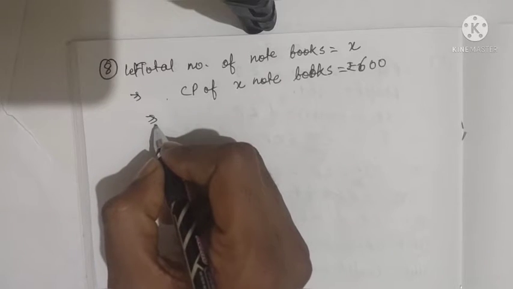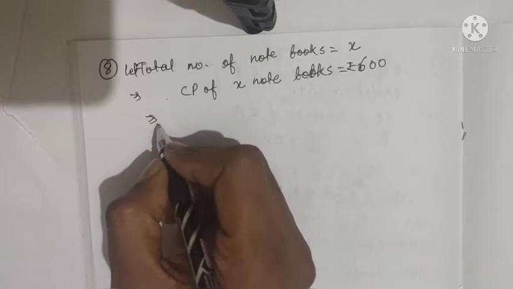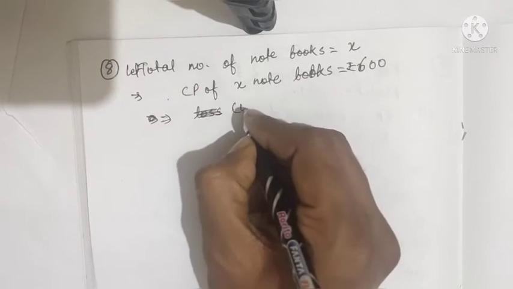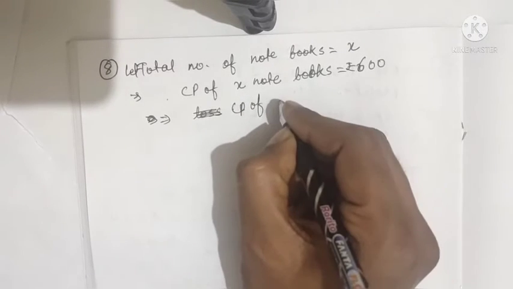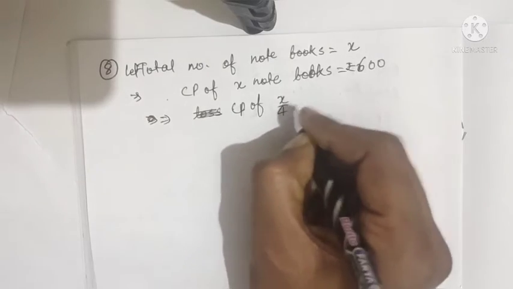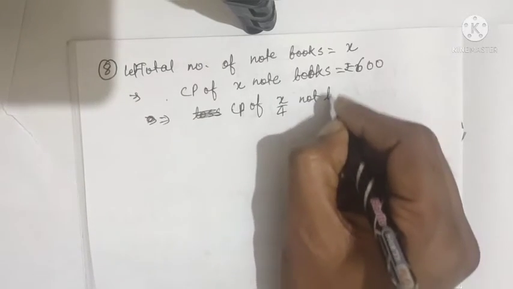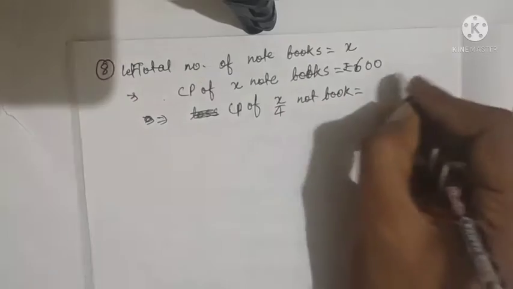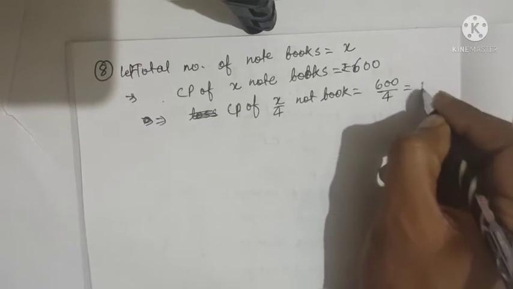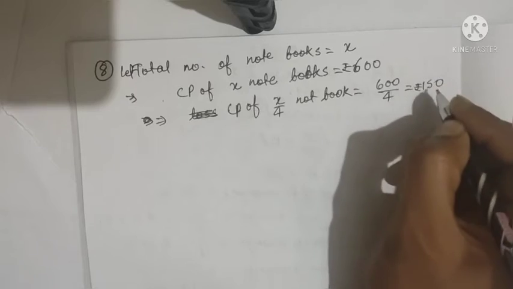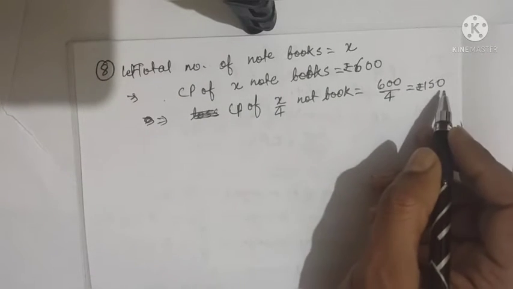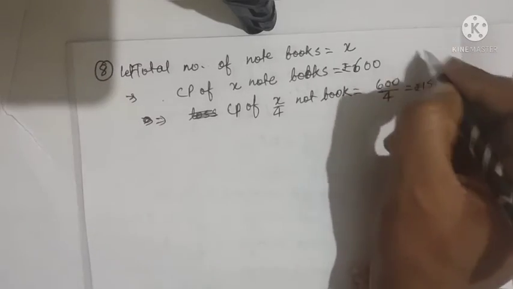In the next part of the question it is written that he sold 1 by 4 of them at 5% loss. So CP of 1 by 4 of the notebooks, meaning X by 4 notebooks, is equal to 600 by 4, which is rupees 150.